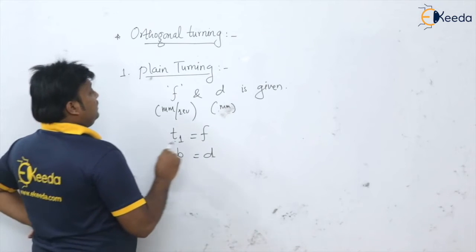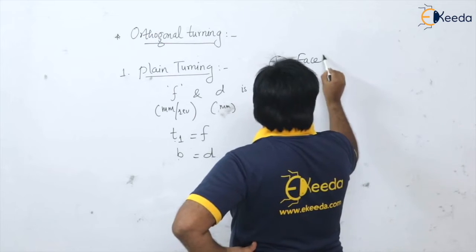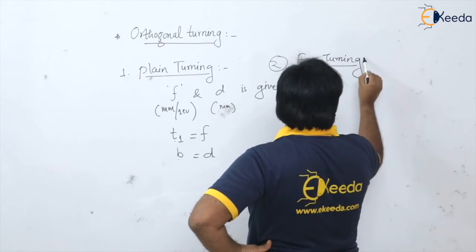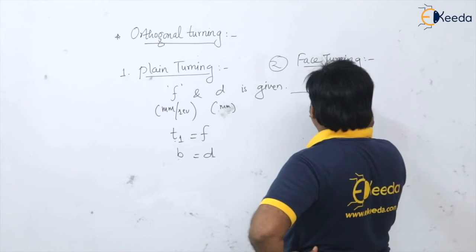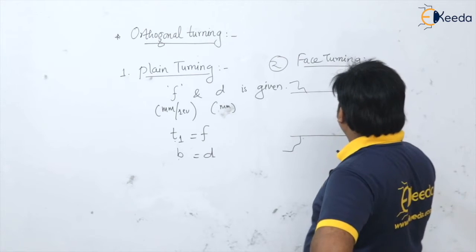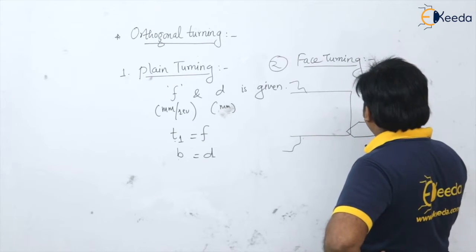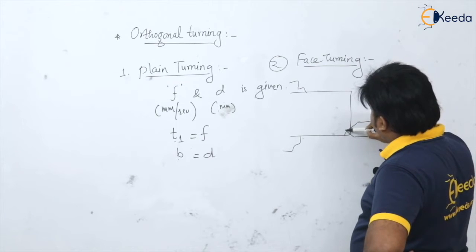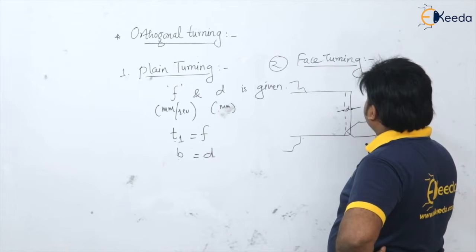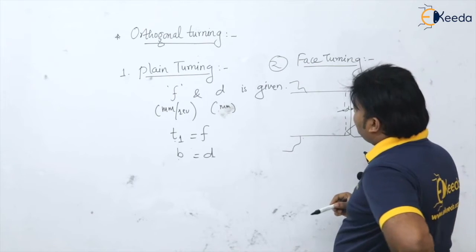Second, we are having, say, the face turning operation. So say face turning, you know, this is the job and this is our tool. Now feed in this direction, so this is what? Depth of cut, isn't it? And width of chip.